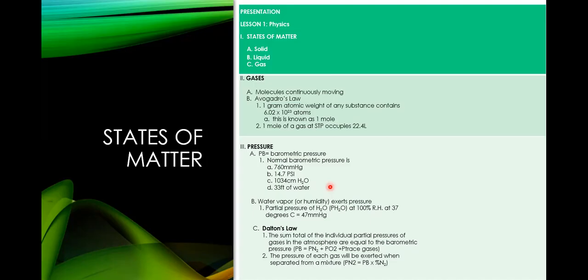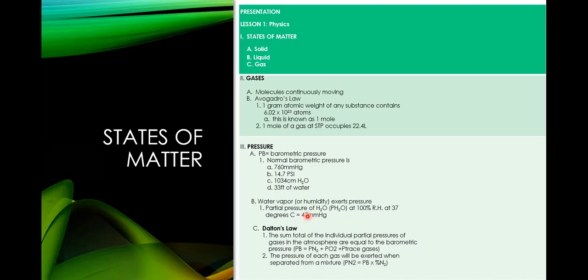The partial pressure of water at 100% relative humidity and 37 degrees Celsius, which is normal body temperature, is 47 millimeters of mercury. That is the normal pressure of water inside the alveoli, inside the lungs. Water vapor pushes its own pressure, so you have to take that into consideration when you're doing these formulas.